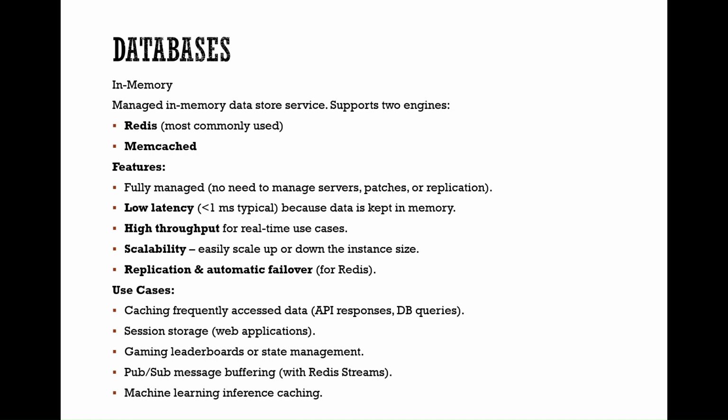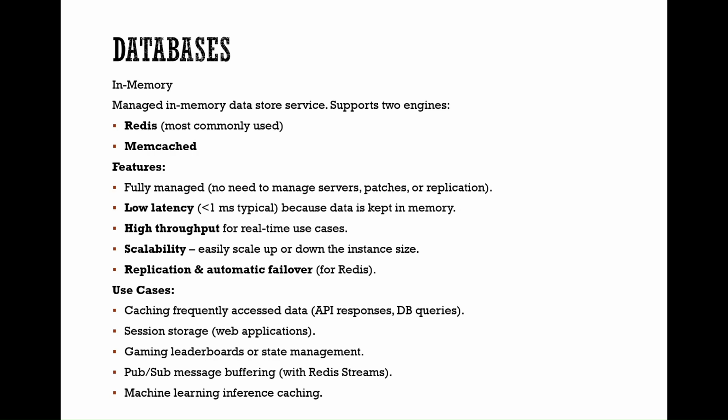Now let's talk about in-memory databases. Generally in GCP, we have two types that we can use. One is Redis, which is most commonly used outside GCP as well. The other one is Memcached. The Redis is in memory, and it has been around for a very long time. Generally, we use Redis for low latency access with persistence and high availability.